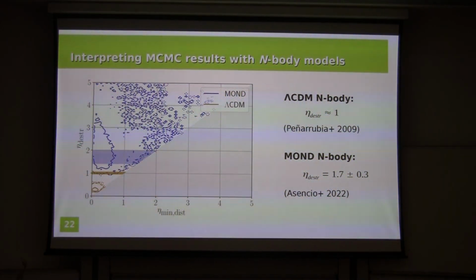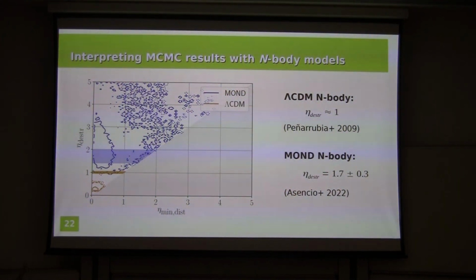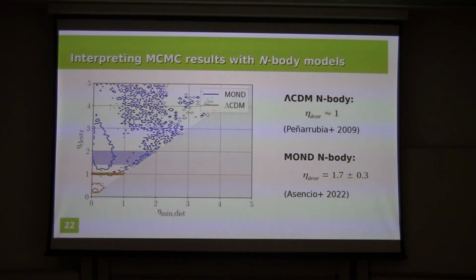I just marked that with this orange line on the previous plot. And as you can see, there's a big discrepancy between the value that they should have in order to match observations and the actual value at which these dwarfs should get destroyed.